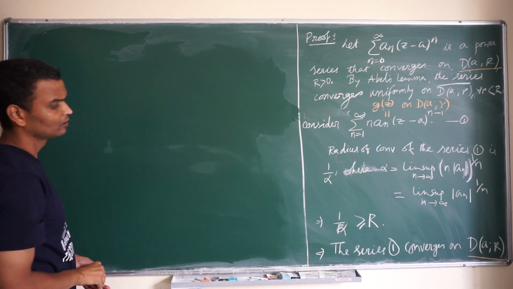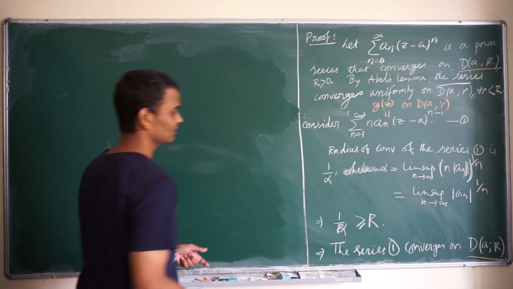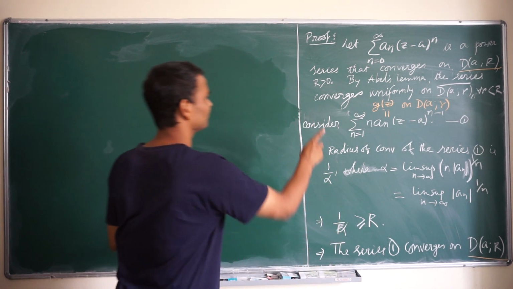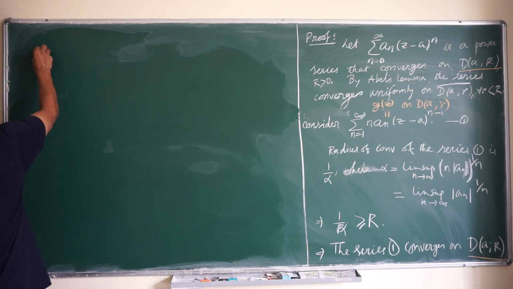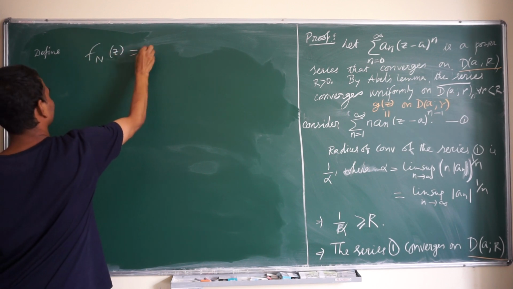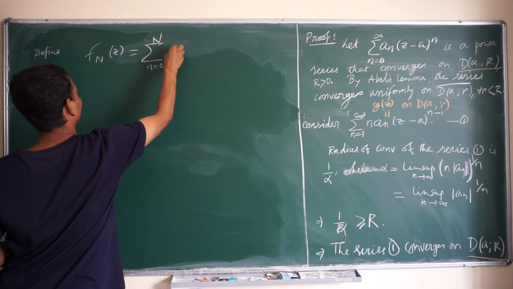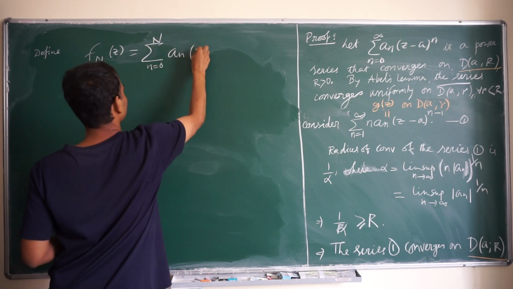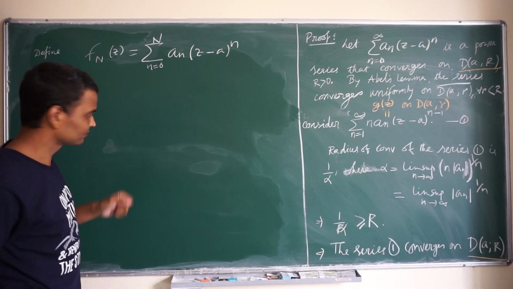So what I intended to do is: the series defines a function g(z). Now define f_N(z) as the summation n from 0 to N of a_n (z minus a) to the power n. This is a polynomial.